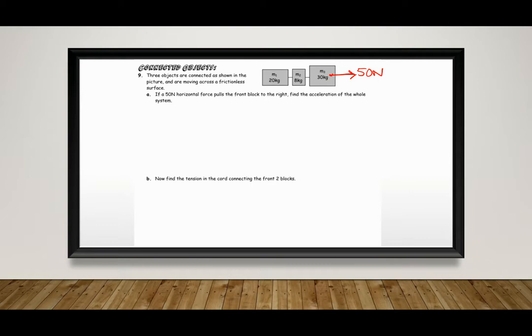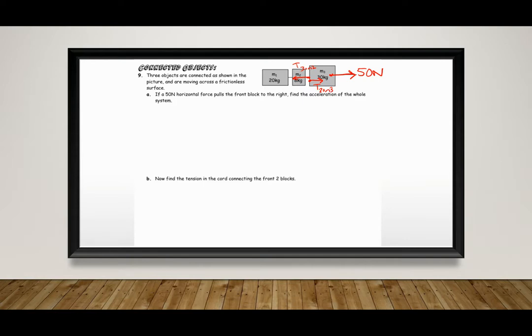Okay, and then we have different tension forces. So in this tension, the tension here, that's tension of 3 on 2. Okay, so we'll call that tension 3 on 2. And then we have a tension this way, which is tension 2 on 3.